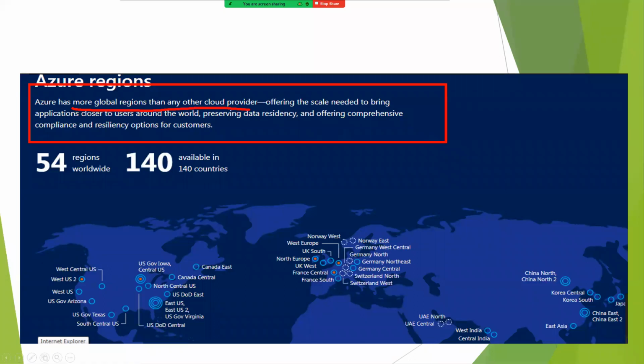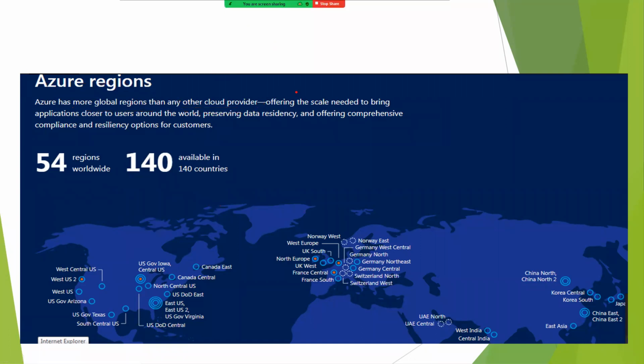I said 60 plus regions, 140 countries, where they have their own data centers. Any other cloud provider, in the sense of who is the competitor in the market, is AWS. Next, what is it giving? It offers the scale needed to bring your application closer to users around the world.